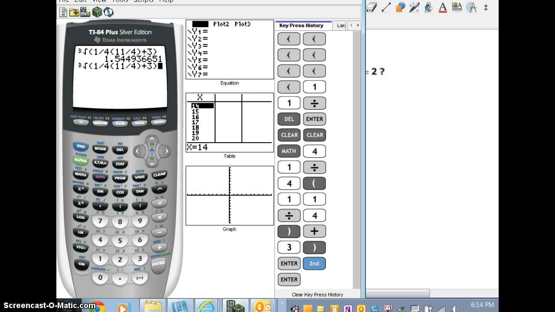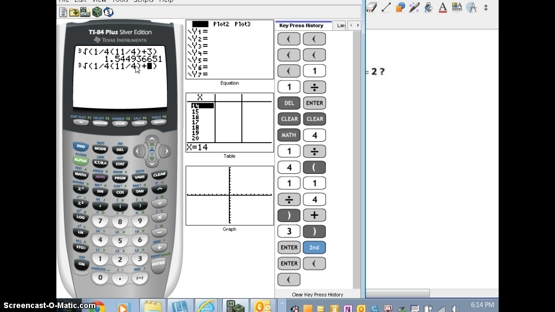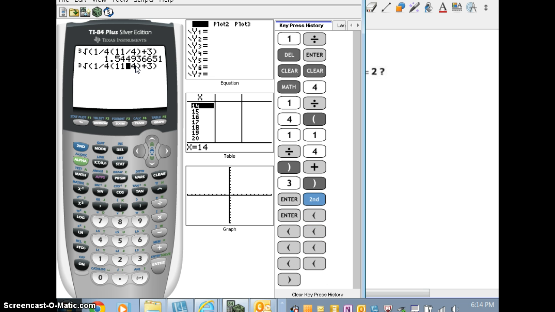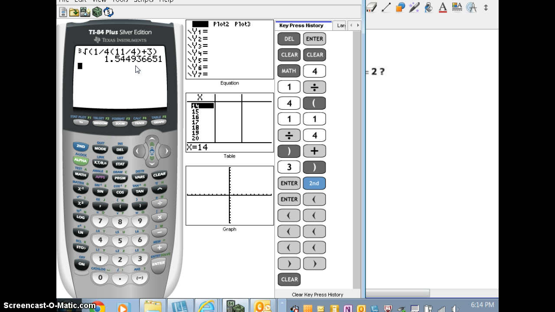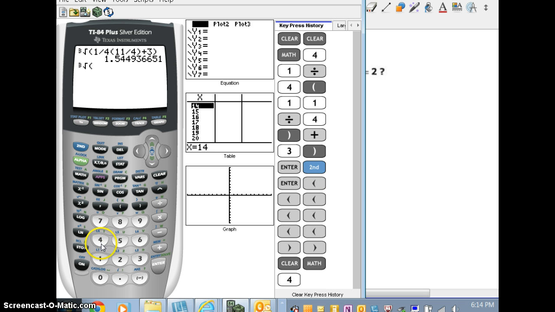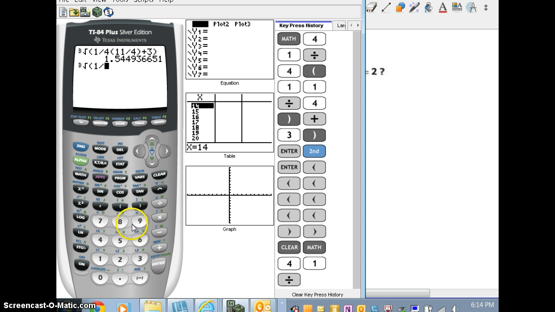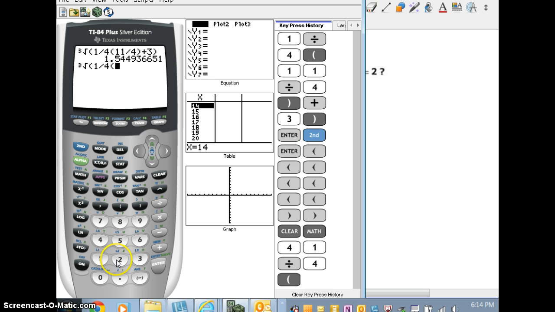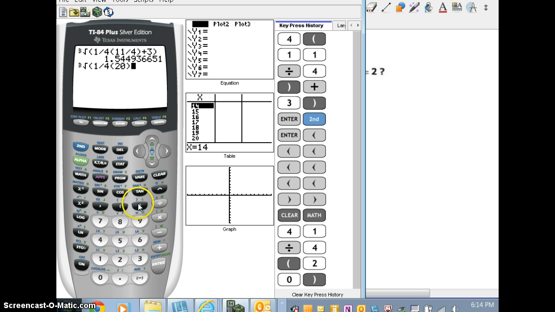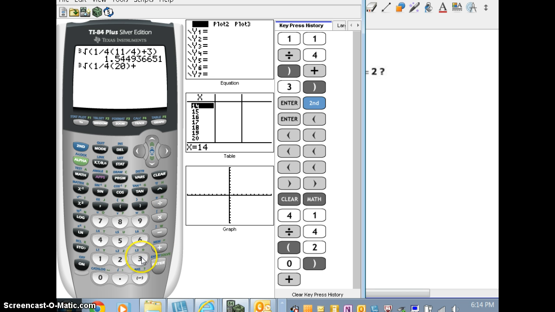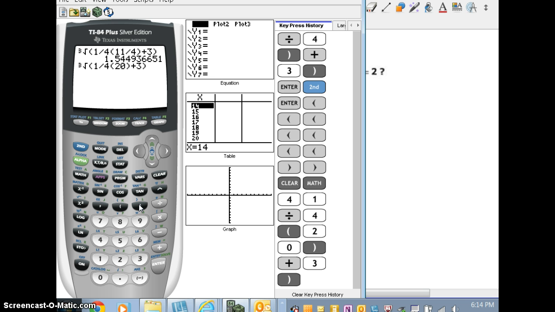Okay, we have the cube root. We want to replace that 11 over 4 with 20 now. Math. Those calculators you guys have are a lot better than this one. So we have 1 over 4 times 20 plus 3, and we're hoping to get 2.